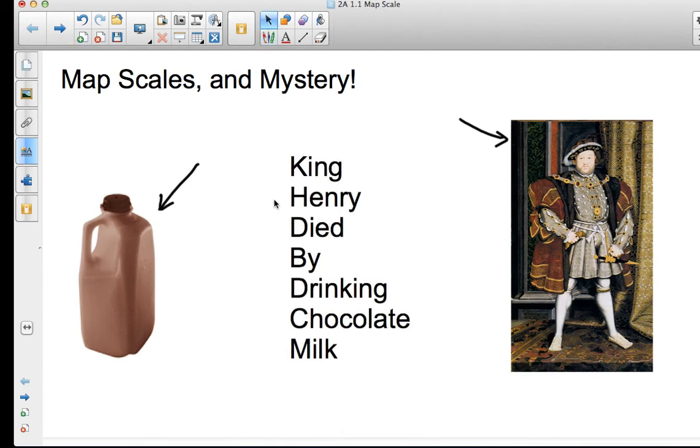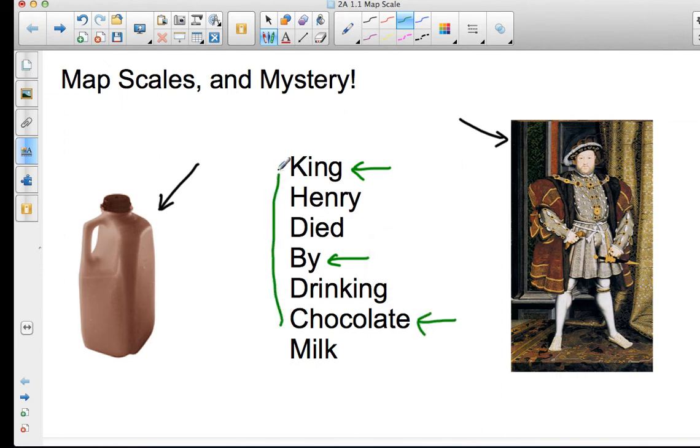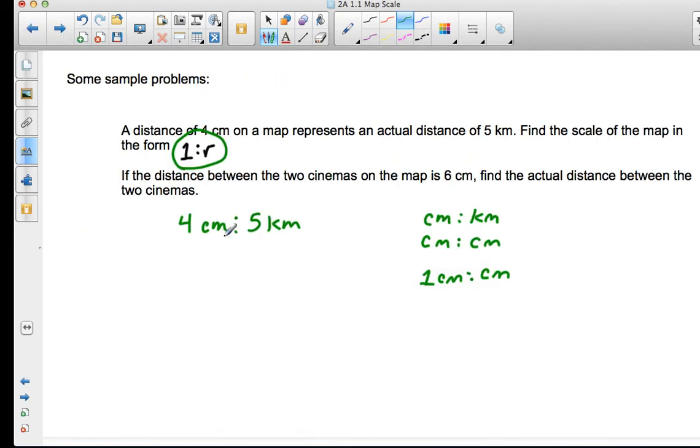All right, so King Henry died by drinking chocolate milk. Here's my base, and then my kilometer. I'm all the way down here, and I want to move up. So 4 centimeters represents 5 kilometers, which means 4 centimeters represents 5,000 meters, because 5 kilometers represents 5,000 meters.